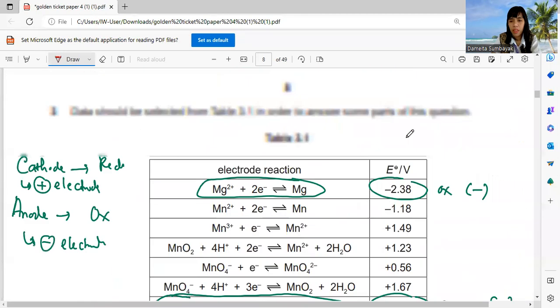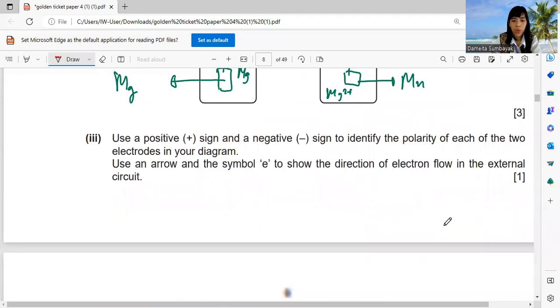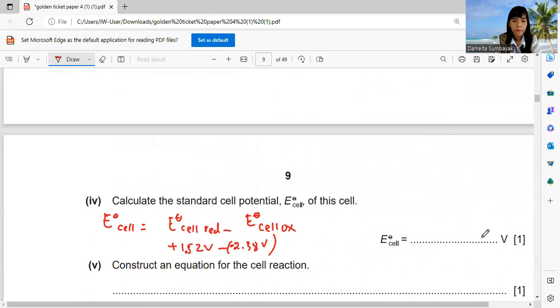Am I right? Yes, correct. So the final answer will be 3.90 volts, positive.